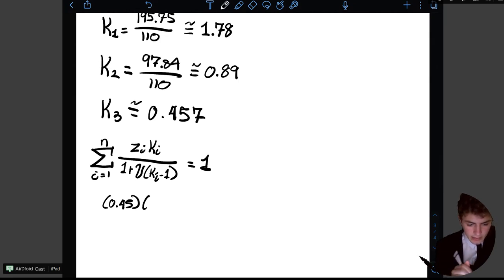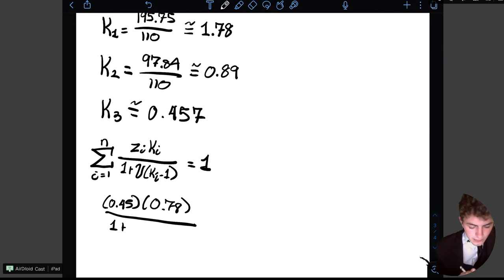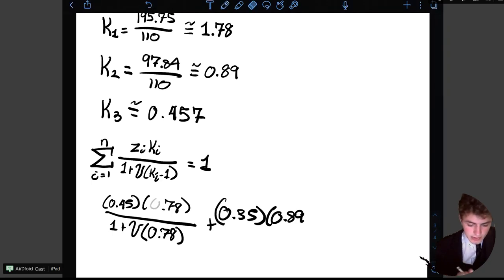So Ki, yes, so it would be about 0.78 moles of vapor times 0.78 over 1 minus 0.1105 V plus 0.35 times 0.89. Oops, I missed a 1 here for some reason.